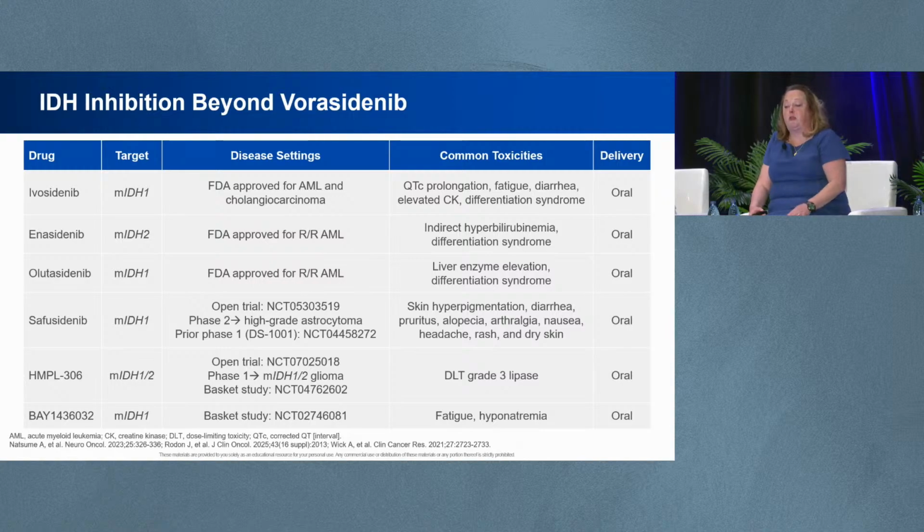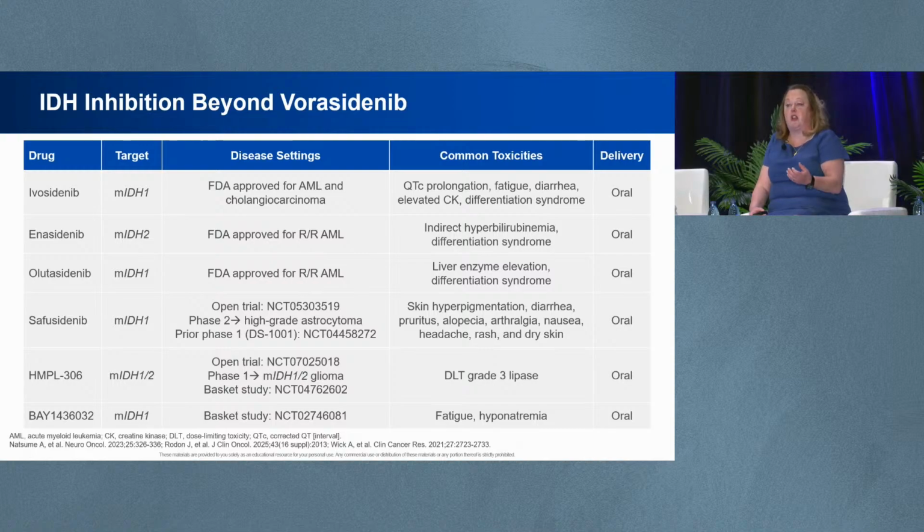Ivosidenib, I mentioned before, is already FDA approved for AML and cholangiocarcinoma, and I've listed the common toxicities here. It's important to note that all these drugs are oral, in contrast to some of the drugs that we used in the past that are IV. Enasidenib is also for mutant IDH2 patients. It's approved for AML.